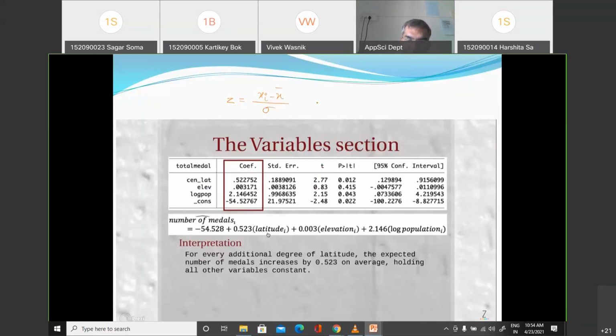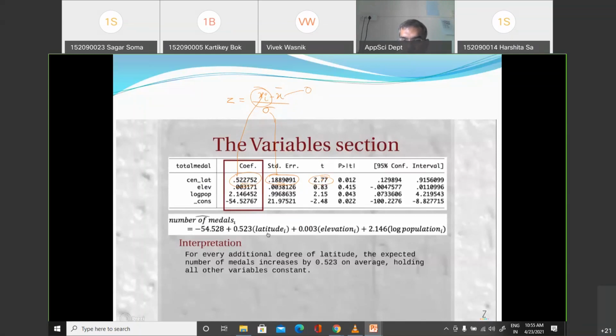Yeah. So this is the Z value. So xi is this. X bar is the hypothesized value, which is 0, and standard deviation is this. So effectively, as the hypothesized value for all the coefficients is 0, we will just divide this coefficient by the standard error to get this t value, which is like z value only.